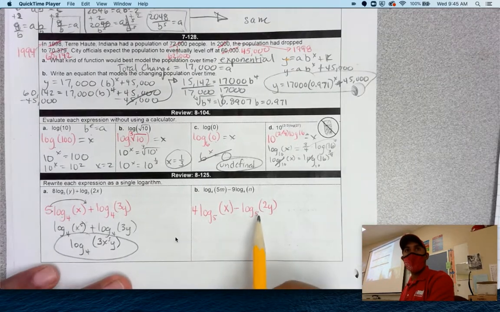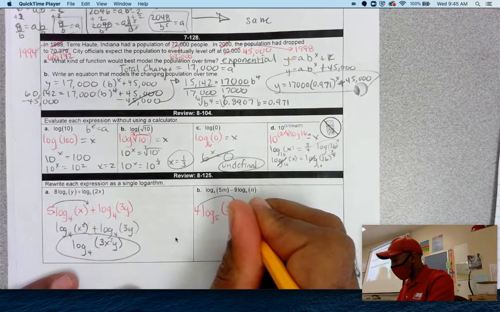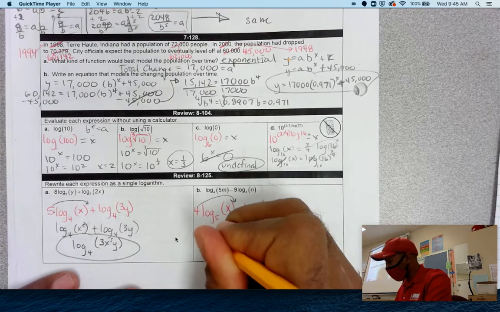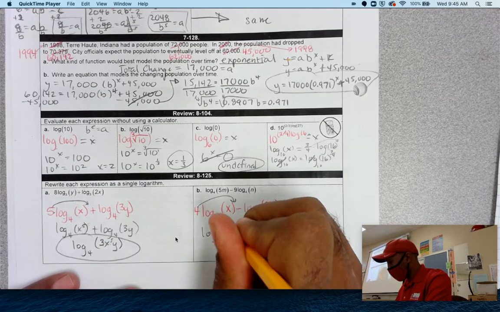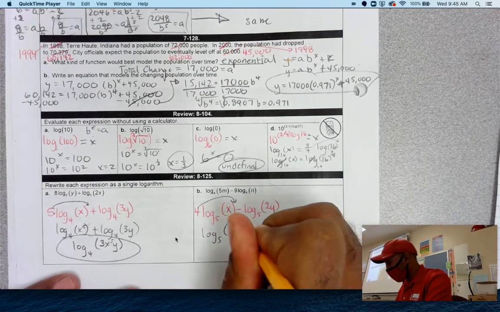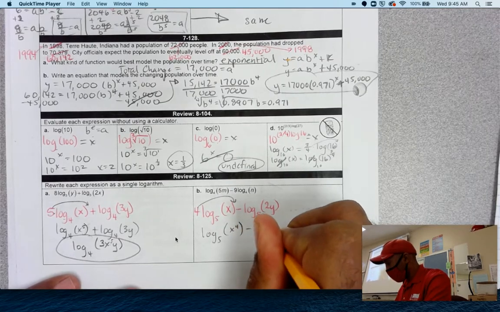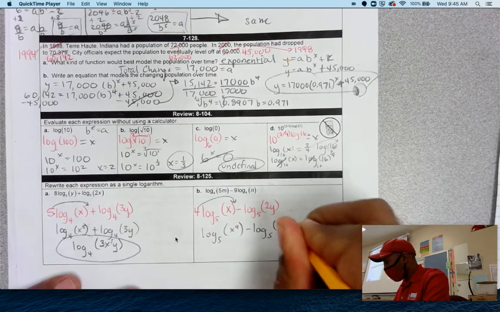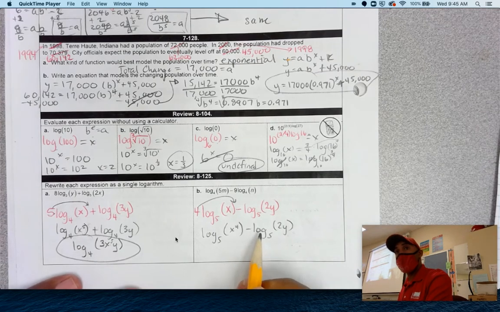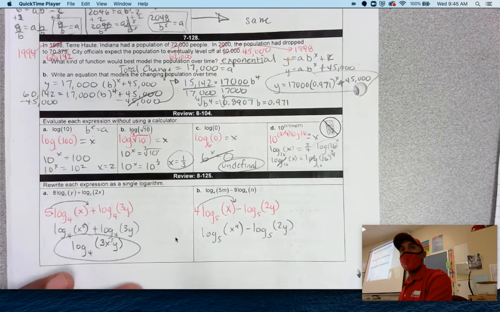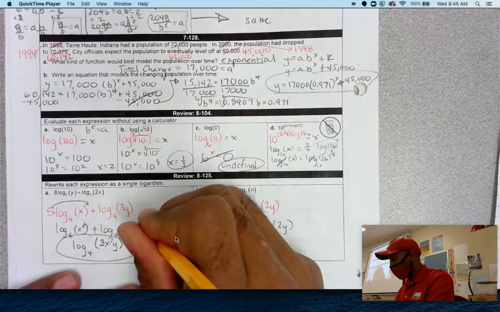Now this one, same approach. First, use the power rule to move the exponent there. Now you've got 2 logs that are being subtracted from one another, so this is the quotient rule. That was the product rule, right?